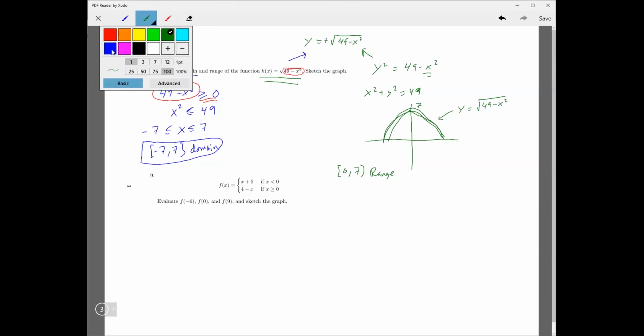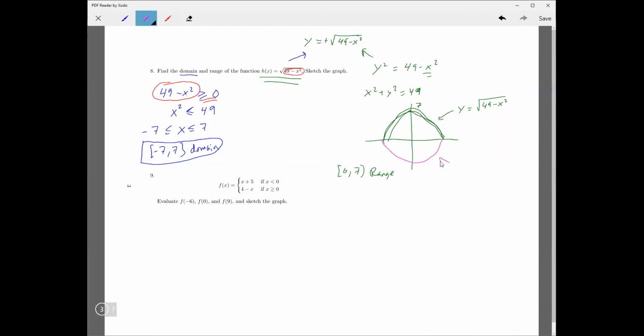And this part of the circle down here would be y equals negative the square root of 49 minus x squared, which is what we don't have. Oh, okay.